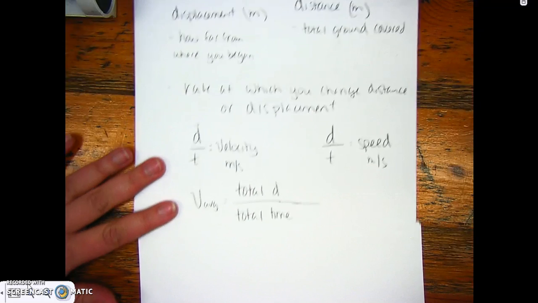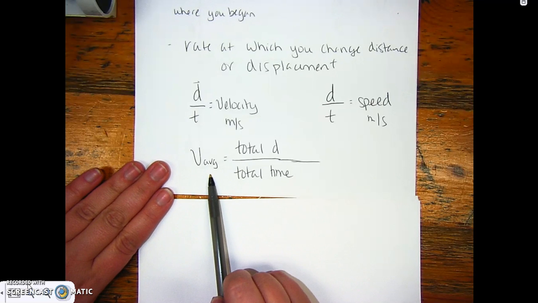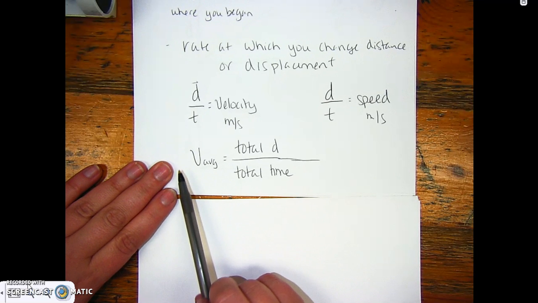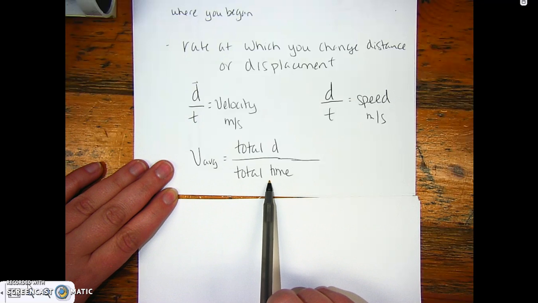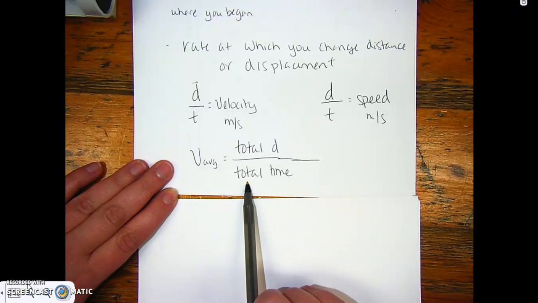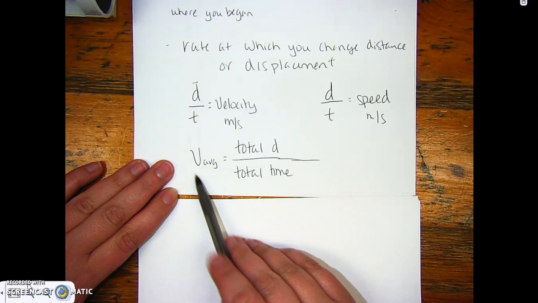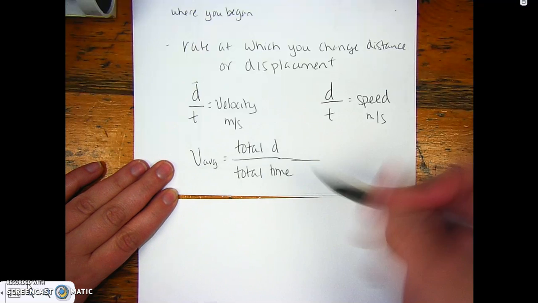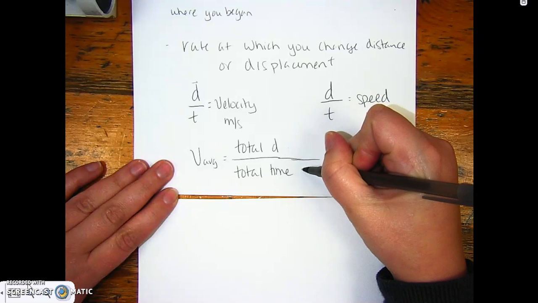All right. Now keep in mind that if we want to figure out the average velocity, so let's say you walked for a little bit, then you stopped, and then you ran, and then you went backwards a little bit, and then you ran forward, and then you stopped. In order to figure out the average velocity, all you have to do is take total displacement and divide it by total time, right?